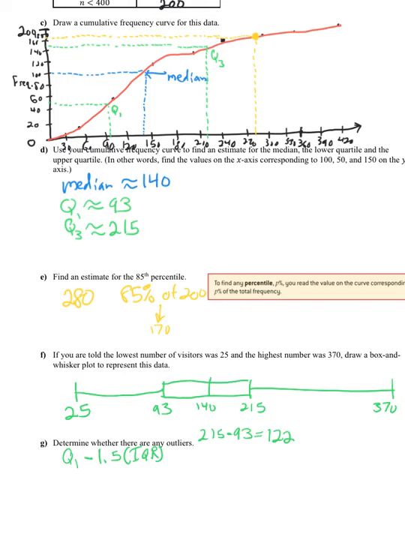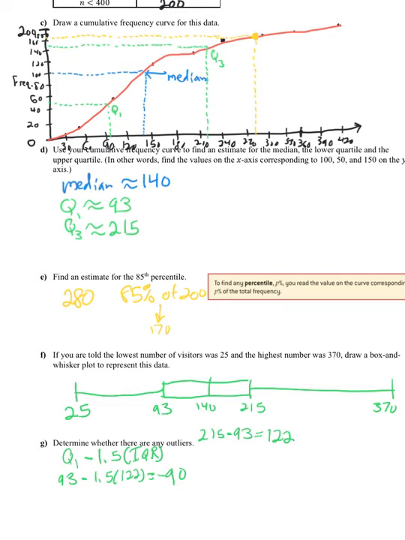So our Q1 was 93 minus 1.5 times 122. That's a huge range, right? I got negative 90, so that 25 is definitely within the range here.